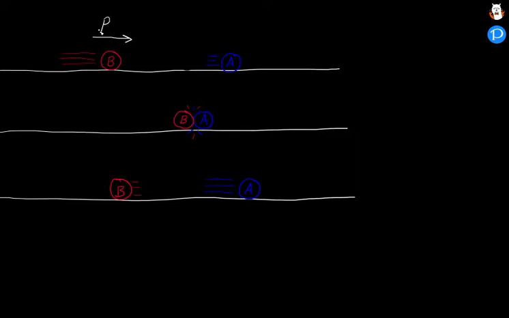We use the symbol P for this, for momentum. Ball B has a certain amount of momentum.